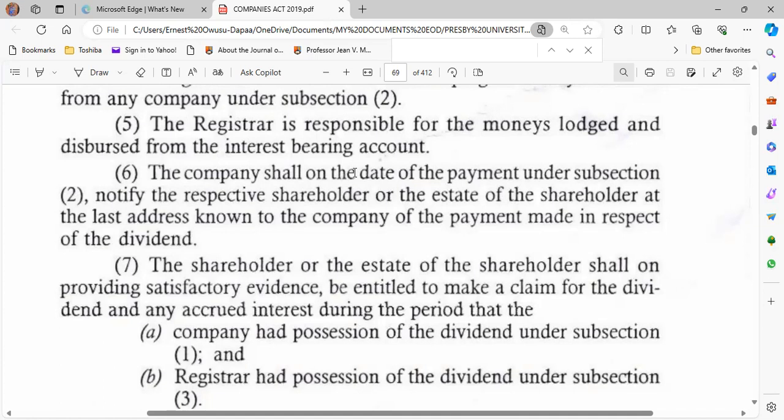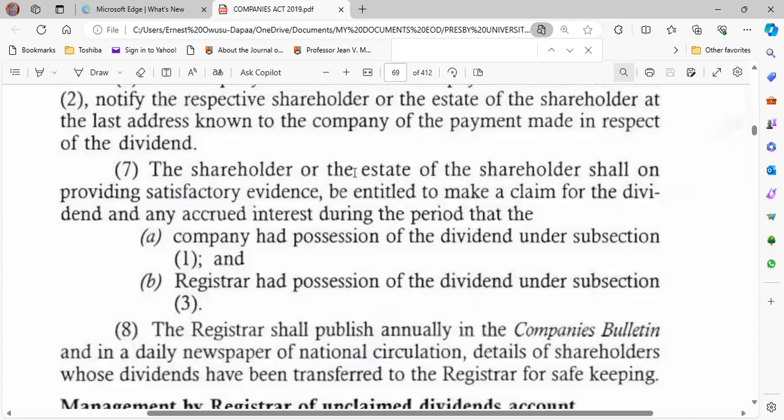Where a dividend is unclaimed, as we have seen, and you deposit it in the account, the company is obligated to inform the shareholder, because the company is supposed to have a register of shareholders or members. And in the register of members, people's addresses or contacts will be there. So even if the shareholder or the member is dead, his estate, his personal representative can be contacted. So they're supposed to be notified that, yes, dividends have been declared, you haven't claimed it, and this is where we are keeping the money.